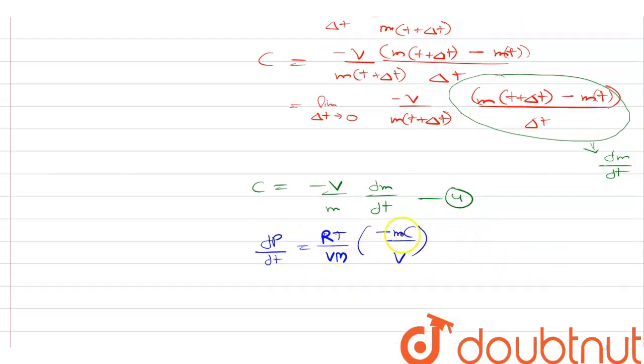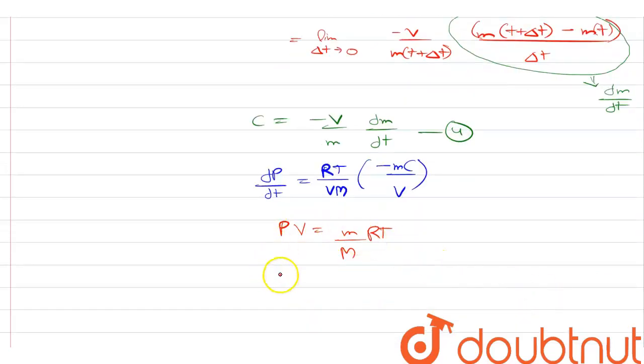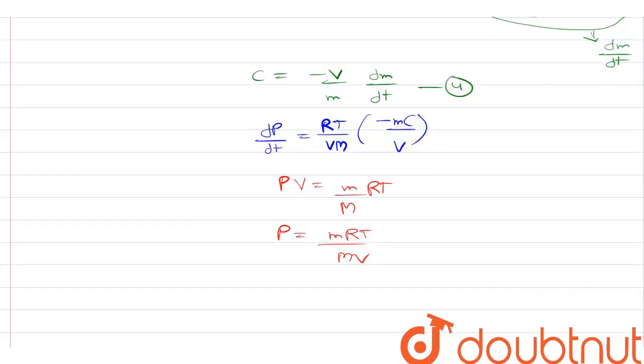Now, if you remember the ideal gas equation, that is PV is equal to mRT by M. From here, I can get the value of P in terms of R, T, V and M. That would be mRT by MV, and let's say this is equation 5.